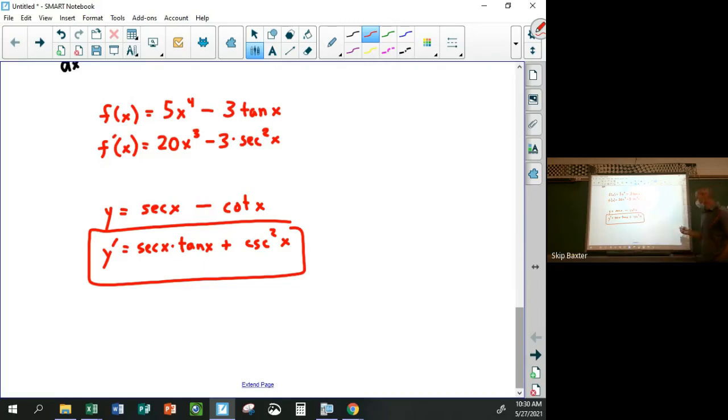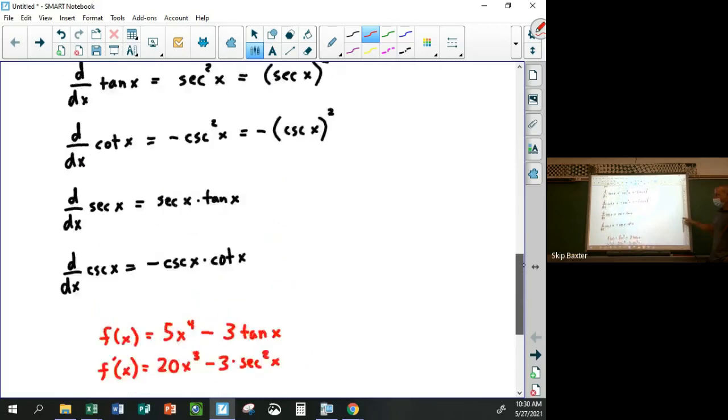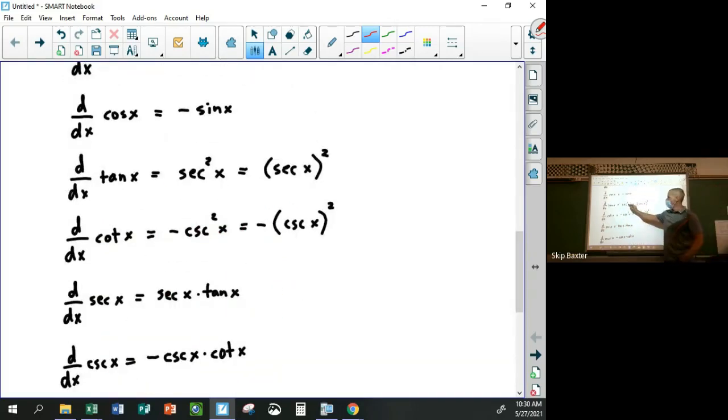But one thing you should be aware of is that on IXL I couldn't get it to do this notation. I had to do this notation, so you've got to put parentheses, secant x, and then square. The way you get to this assignment is you go to recommended by my teacher, and it should be right there. It's called finding derivatives of trigonometric functions part 1 or something like that.